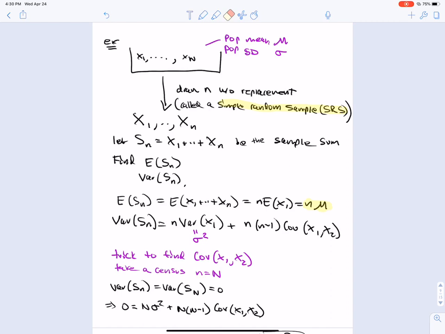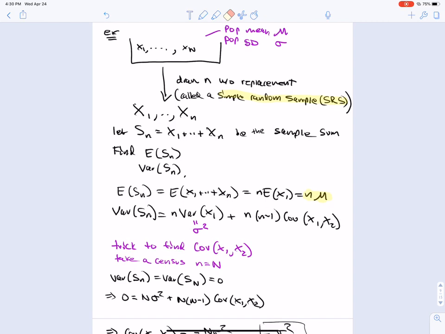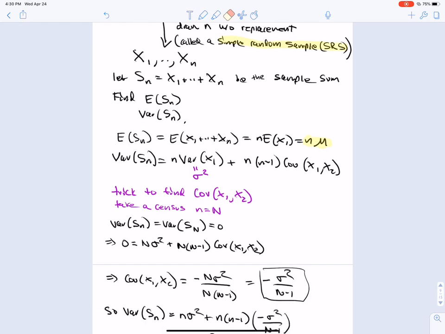That's the sample sum. And so we're going to find the expectation of Sn and the variance of Sn. The expectation of Sn is just n mu. That's pretty obvious. But the variance of Sn, we're going to use our formula there. So it's n times sigma squared plus n times n minus 1 covariance x1, x2. So we need to find covariance x1, x2.